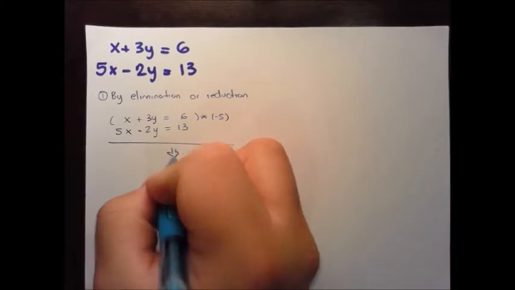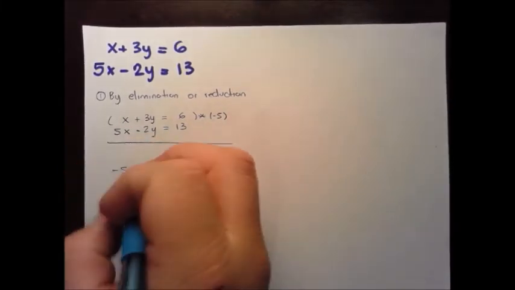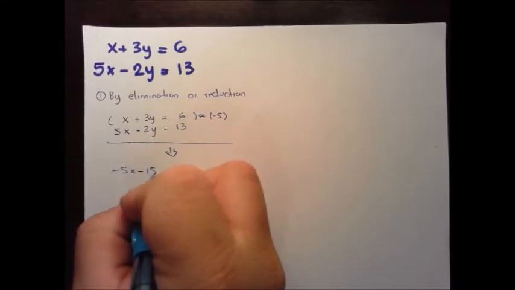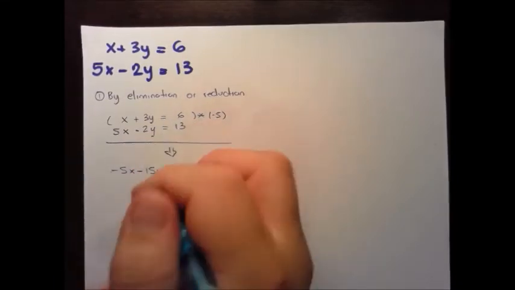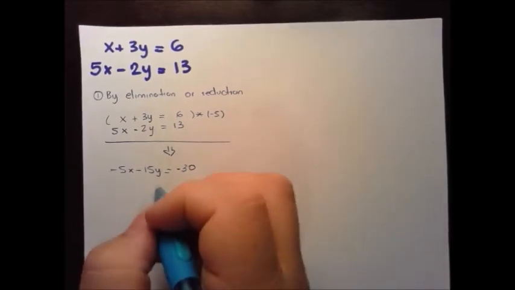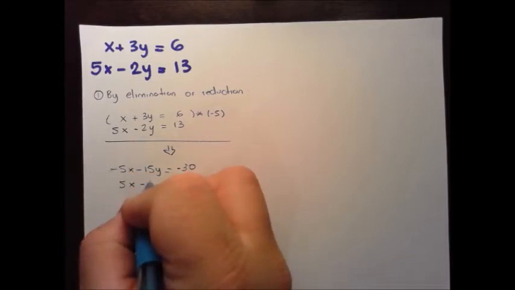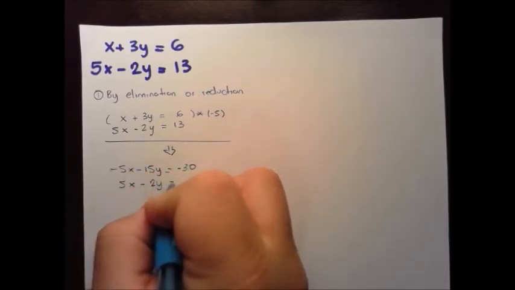Minus 5 times x is minus 5x. Minus 5 times 3 is minus 15y. And minus 5 times 6 is minus 30. And this one is going to be 5x minus 2y equal to 13.